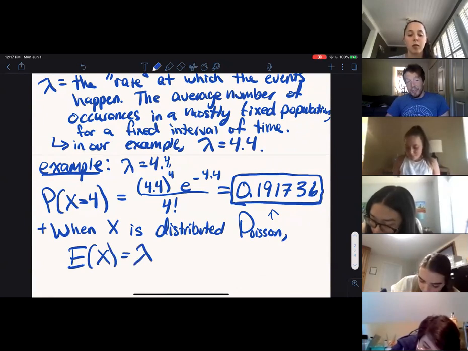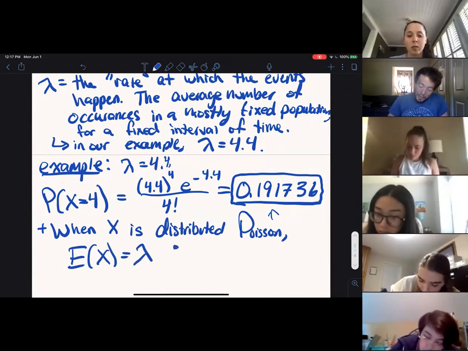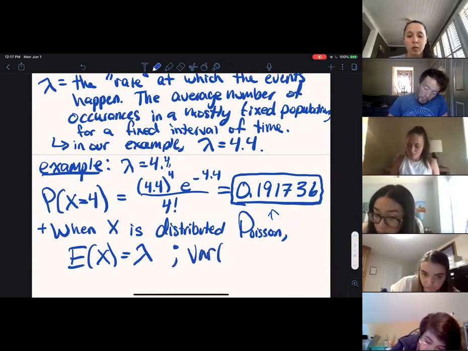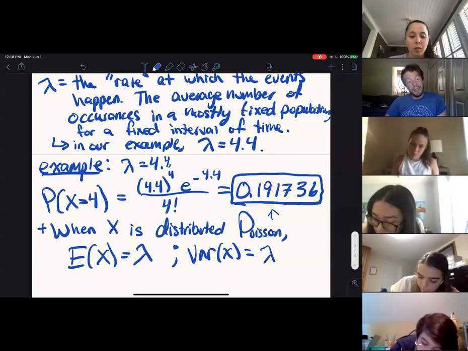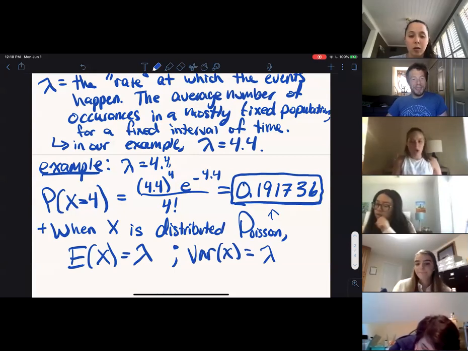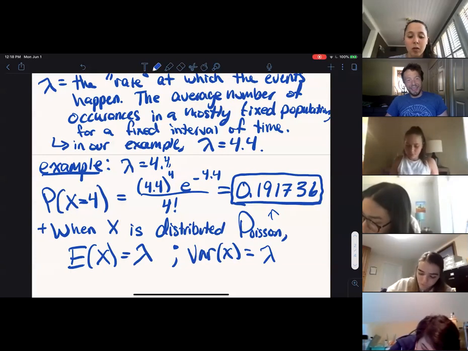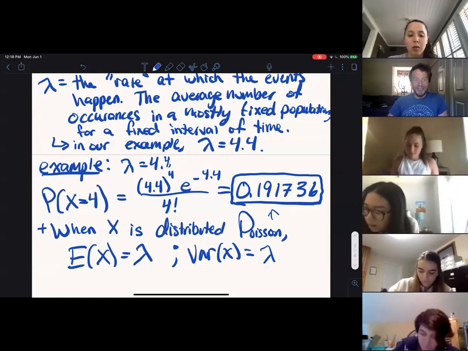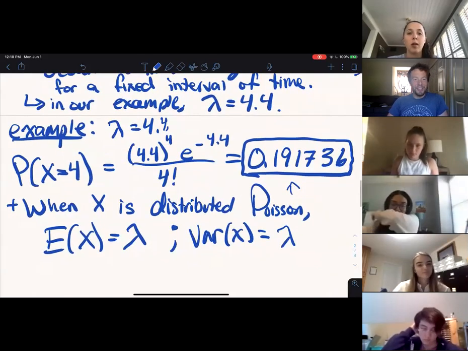I'm just telling it to you. It's equal to lambda. It's a very easy formula. And something that I think is really cool about this distribution is that the variance is equal to lambda as well. It's a very special distribution where the expected value and the variance are equal to one another. So maybe you can think about why that is a little bit on your own time, but it's always sort of fascinated me about the Poisson, about the fish, you know.